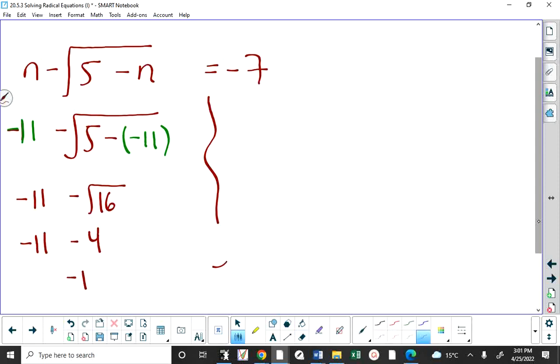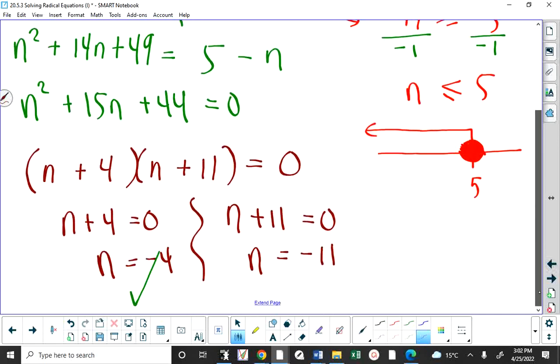This is negative 15. It doesn't match. We didn't do anything wrong. Some of you might figure out what happened here. But I'm not worried about why. I'm just telling you that it didn't work. So what we would say here, everybody, is that this is not a solution. That doesn't mean X. It means no.